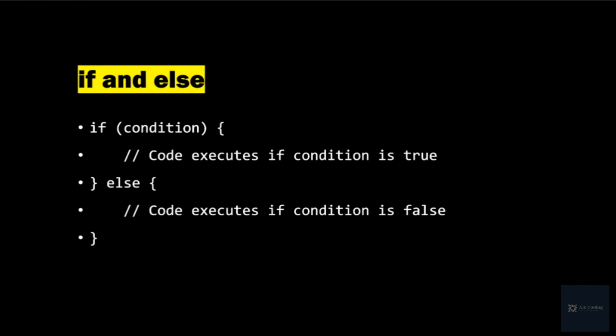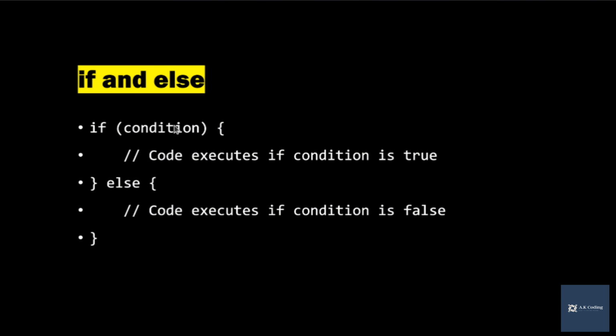Okay, let's go on. Here, as you can see, is the if and else statement. In the structure of if else, first comes the word if, which is a keyword of JavaScript, and then brackets. Inside there will be a condition.